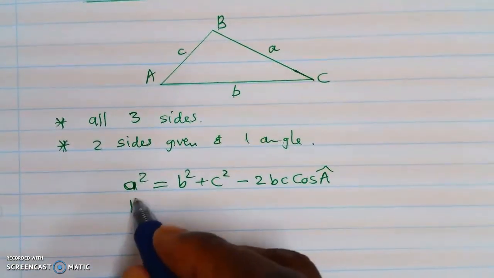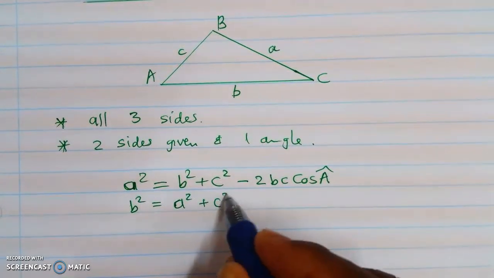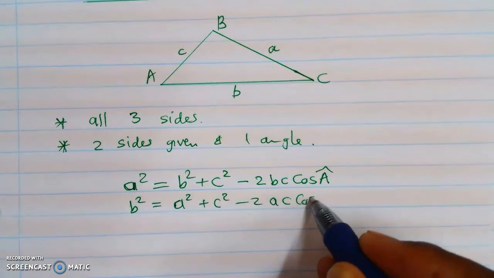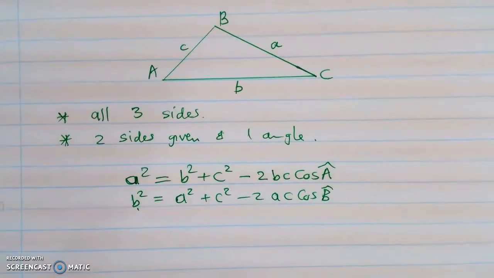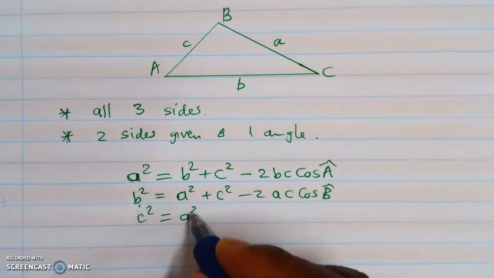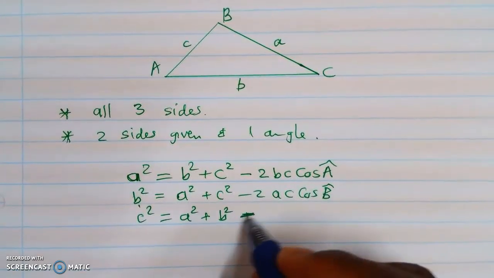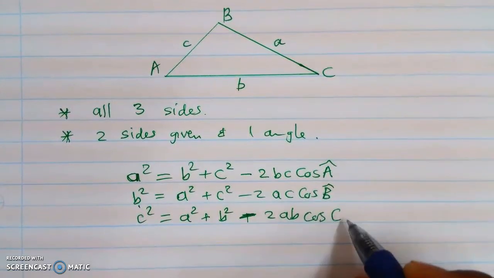Similarly, we can have b squared is equal to a squared plus c squared minus 2ac cos B, the angle facing the length b. And c squared is equal to a squared plus b squared minus 2ab cos C.